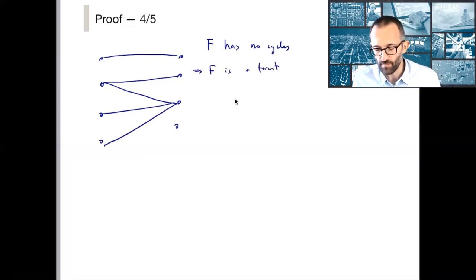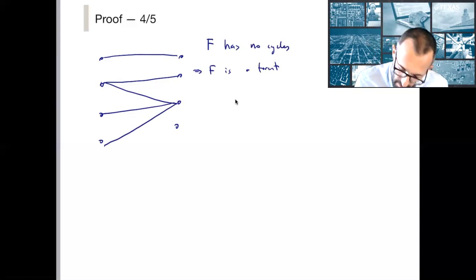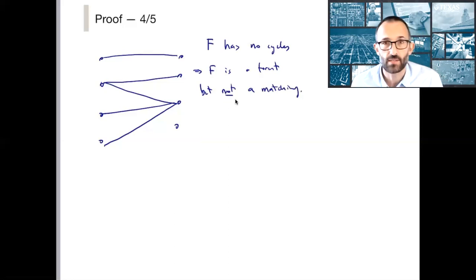But a matching is also a forest. So I'm going to assume that it's a forest, but not a matching. And the only thing that makes it not a matching is if it has a path of length at least 2.